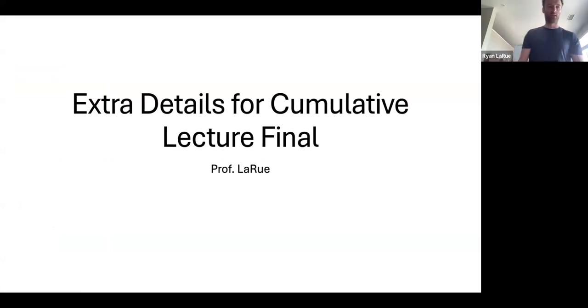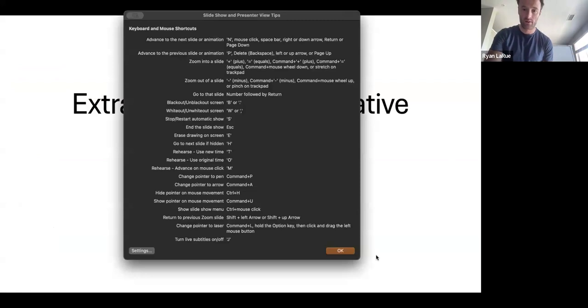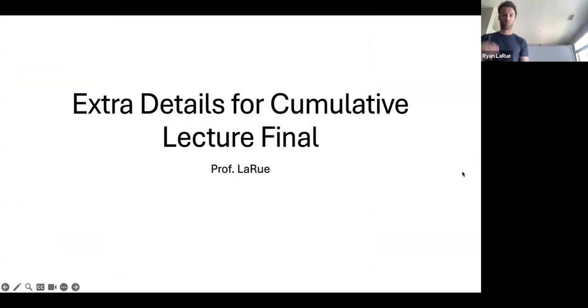Okay. Extra details. First up, I want to talk about mutations a little bit. We've talked about mutations already. We know what they are.